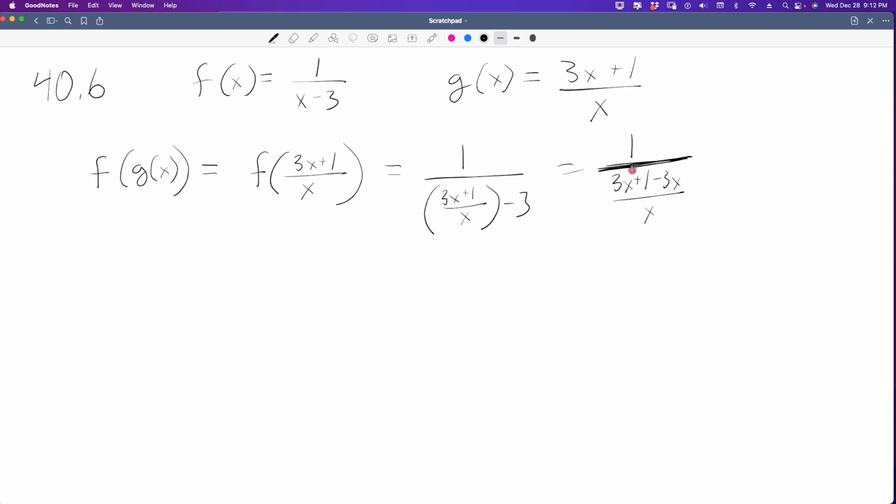So what I'm going to do is keep it, change it, flip it. And I'm going to say 1 over 1 times x over 3x plus 1 minus 3x. So then I get this.